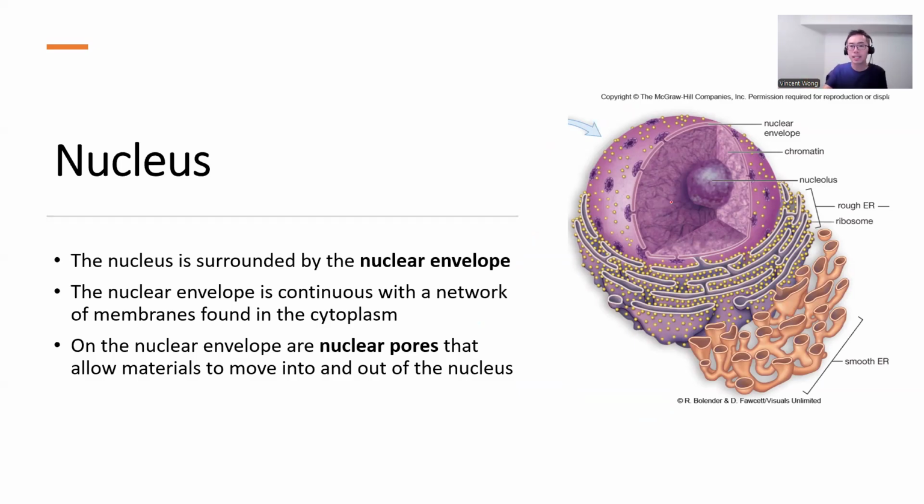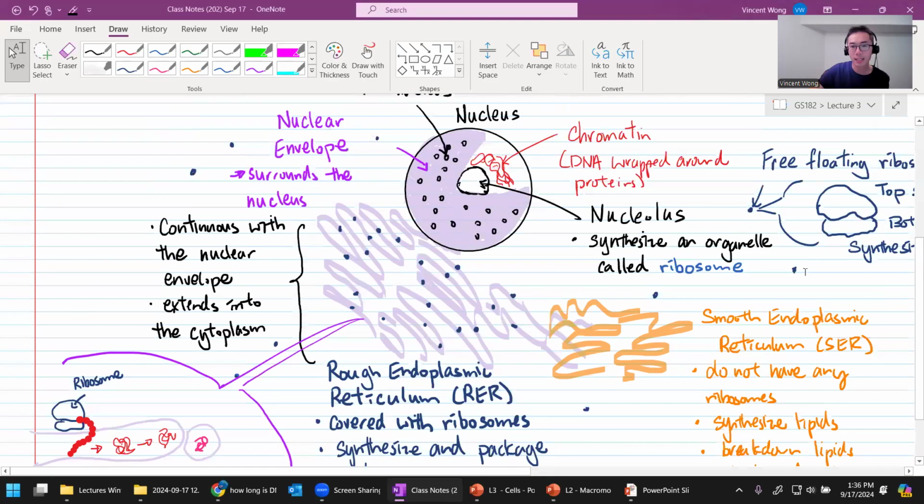But here we go. This is the nucleus, and then in the middle we have the nucleolus. Okay. What does the nucleolus make again? Do you remember? Look at the diagram you drew. What does the nucleolus make? Okay, if you don't remember, that's okay.